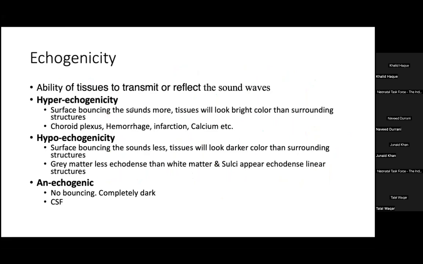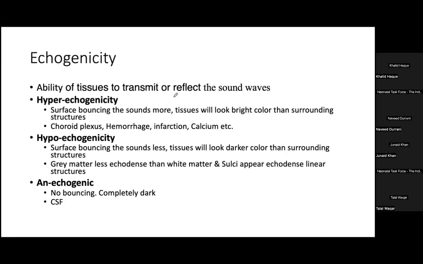There will be quite frequent use of echogenicity in my presentation. So just to make this concept clear at this moment, echogenicity is the ability of tissues to transmit or reflect the sound waves. And it can be divided into three types. Hyperechogenicity is when the surface bounces the sound more and the tissue on the ultrasound will look brighter compared to the surrounding.